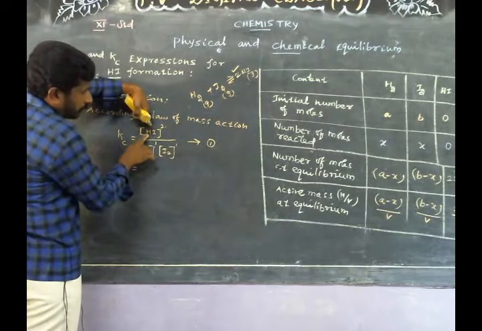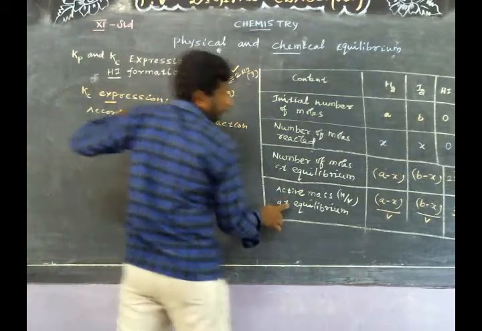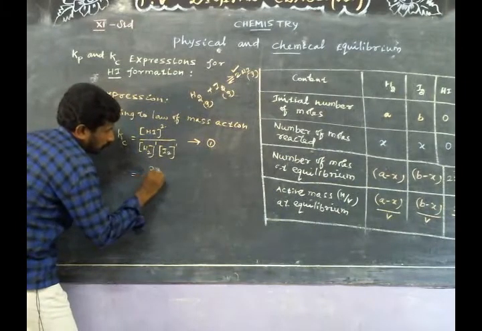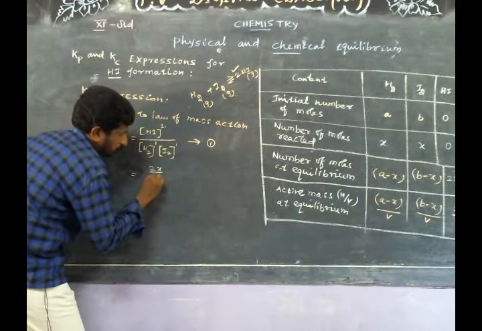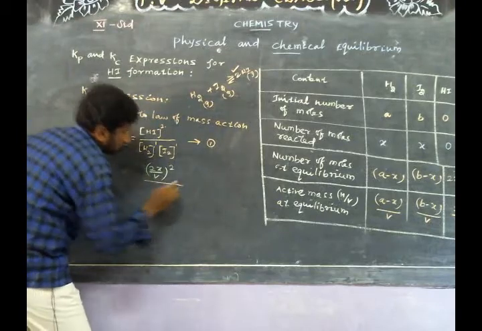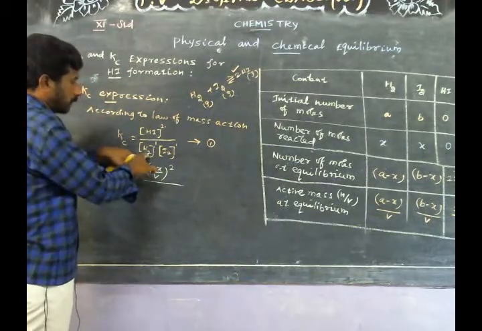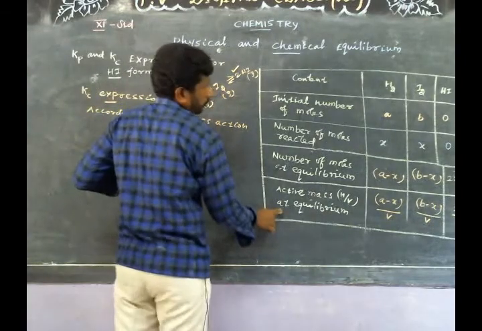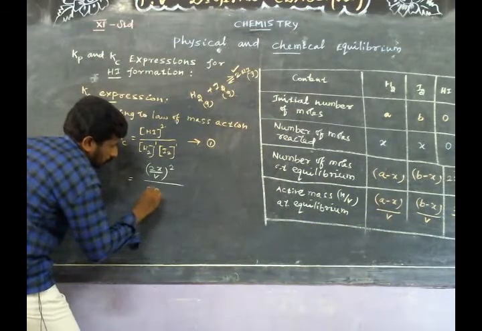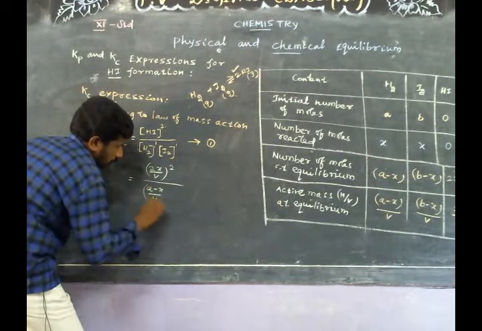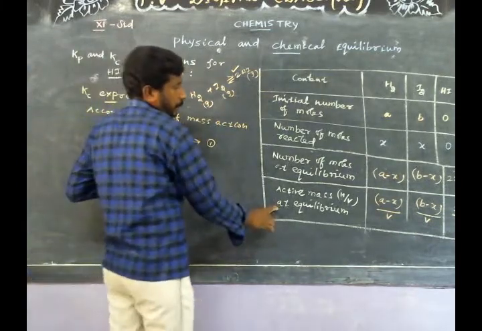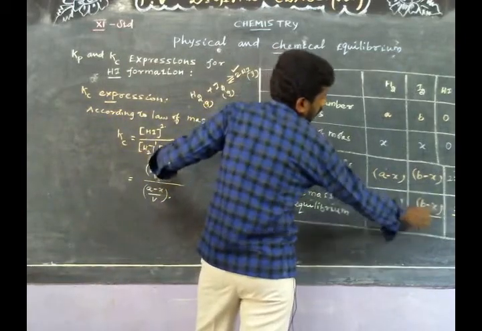Replacing active mass of hydrogen iodide at equilibrium by 2x divided by V, whole square, divided by replacing active mass of hydrogen at equilibrium by A minus x divided by V, into replacing active mass of iodine at equilibrium by B minus x divided by V.